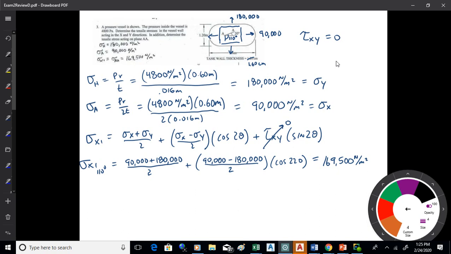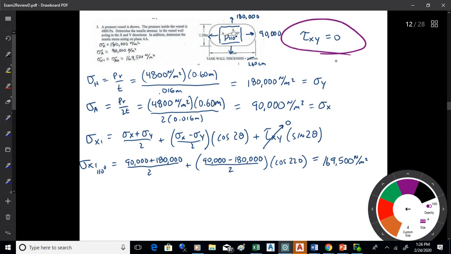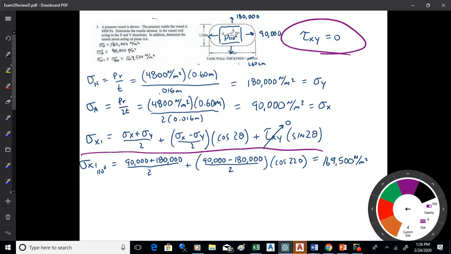So what I'm doing there, I'm finding the hoop and the axial. Now tau xy for a pressure vessel is 0. And then to find the tensile stress on plane AA, I run that equation. Tau xy goes to 0. Okay?